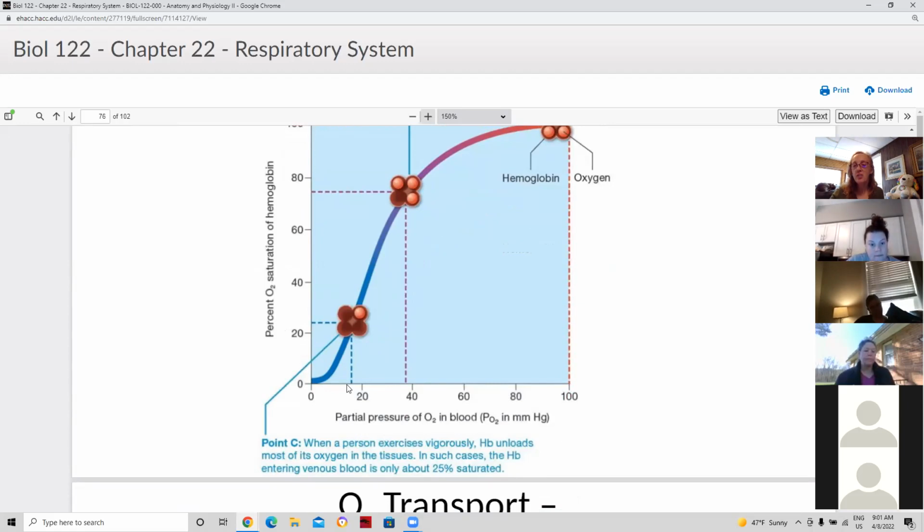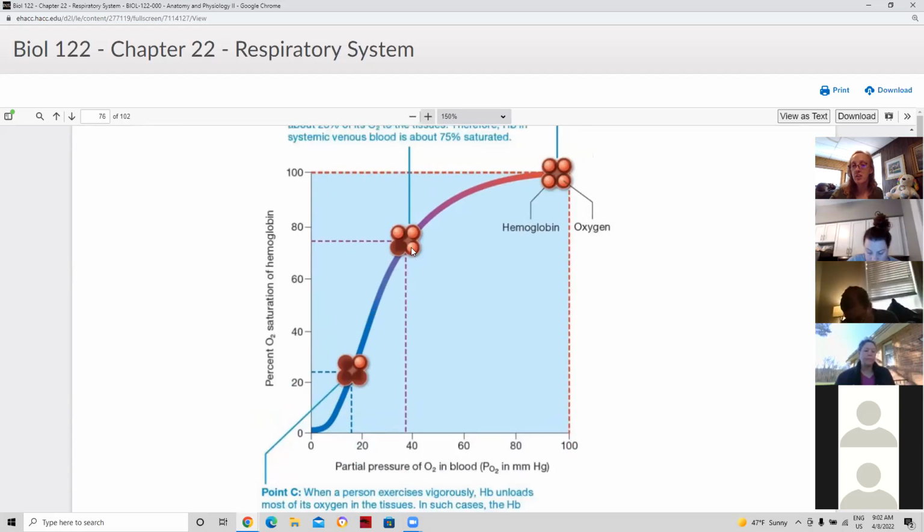The first oxygen is very hard to bind to the hemoglobin molecule. After it binds, the second one is easier to bind. The third one is easier to bind than the first 2 were.